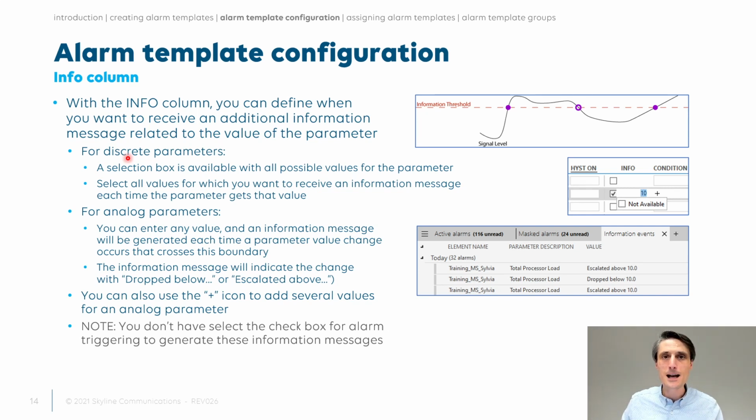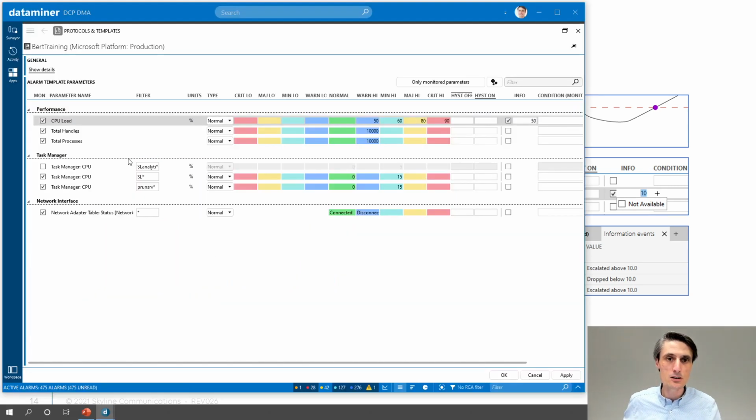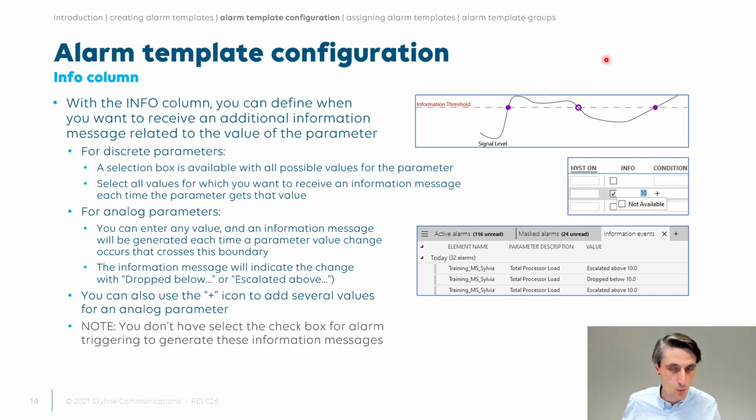Do note that you can do that separately. So you can say, I'm not going to activate the monitoring on the CPU load, I'm only going to activate the information events. Those are two separate things. You can activate one or the other or both. So that's how it works.